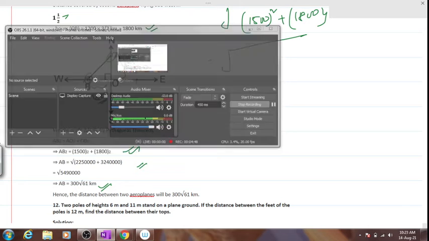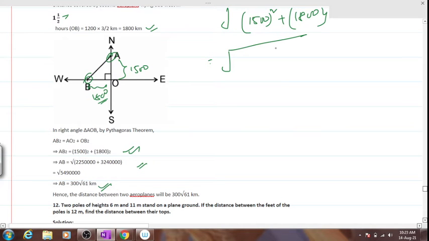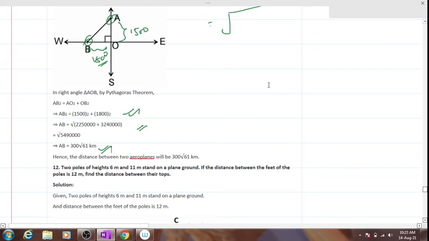Now next numerical is on the screen, everyone. Kindly please try out. Now this is much simpler than the rest of the numericals, but the diagram is a bit trickier one. It's a new kind of diagram. Two poles, height has been given, and then the distance between the feet of the poles is also given, 12.